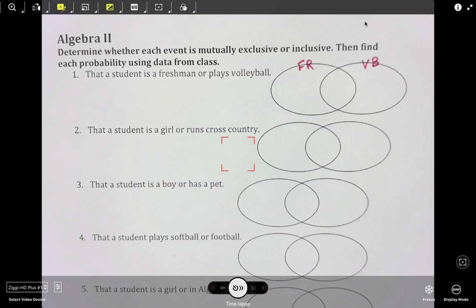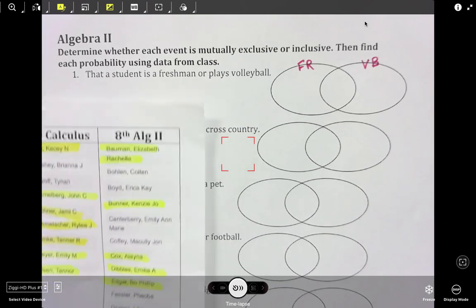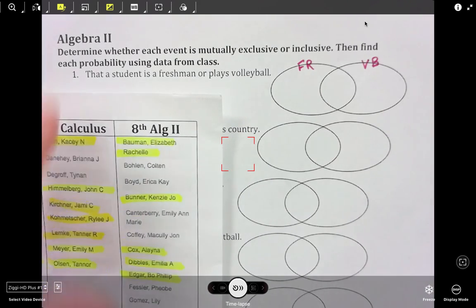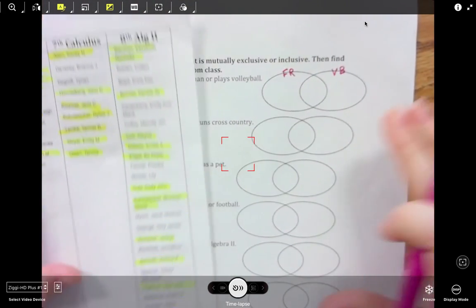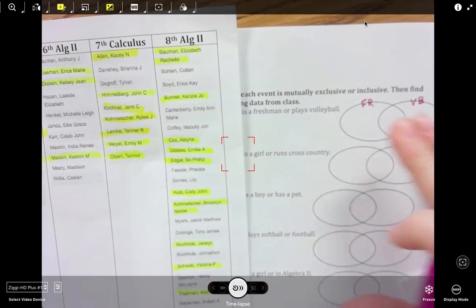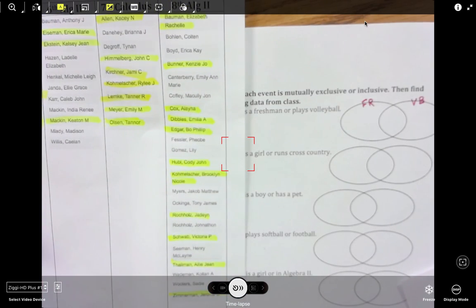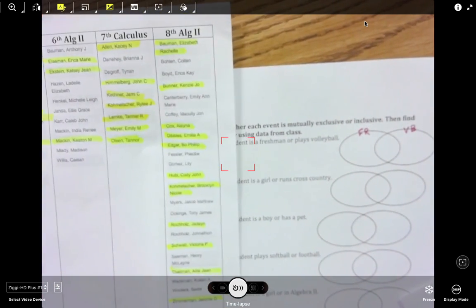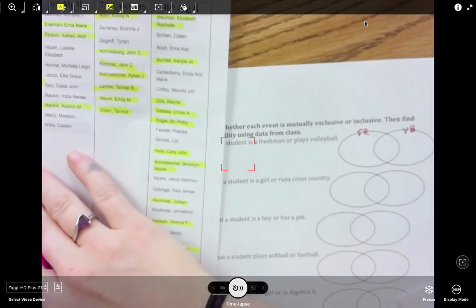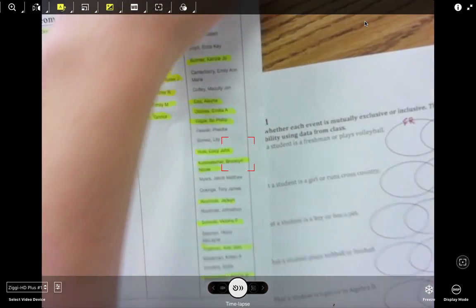Okay, so we've got freshmen and volleyball. Now, looking at this class list, I'm going to zoom out a little bit so I can get this class list entirely in here. Some of you I have highlighted on this list because you have turned in your PowerSchool information. If you have not, you are not highlighted on this list, so you need to get that done.